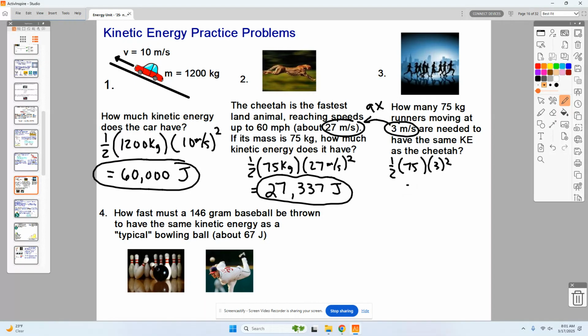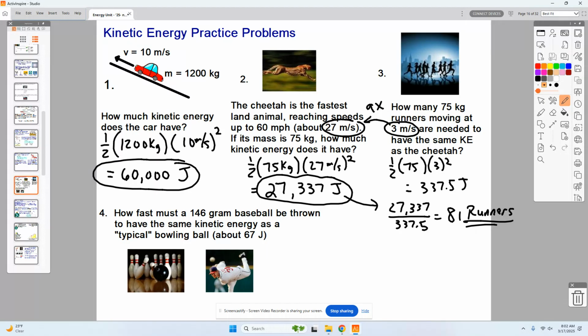That number is 337.5 joules. So I would take this number, 27,337, and divide that by 337.5, and sure enough, you should get about 81 runners. Again, it might not be exactly that because of rounding, but that's the way you go through and do it.